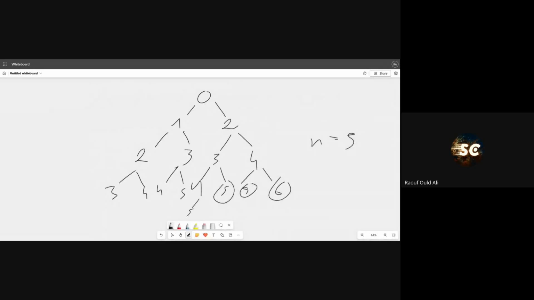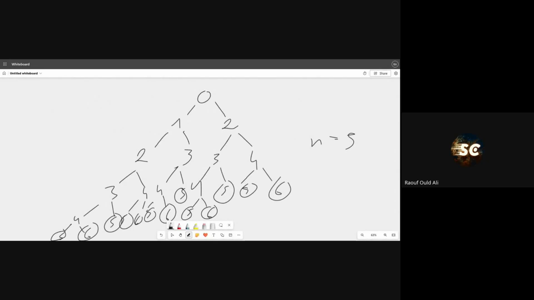Here we'd have 5 and 6, 4, 5, and here we'd have 5 and 6. So what we will do at each step, we will compute f of 3, f of 4, compute the sum of them, and this will be the result for this function. And we will have to do all of these operations to compute f of 0, right?